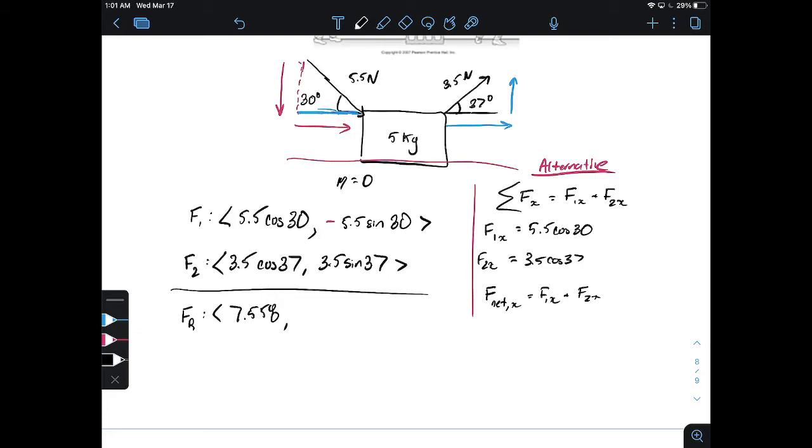And then for this one, we have a negative 6.4. Nope, that would be a lie. 0.64. 0.644, we can say. Okay, so those are the components of a resultant vector.